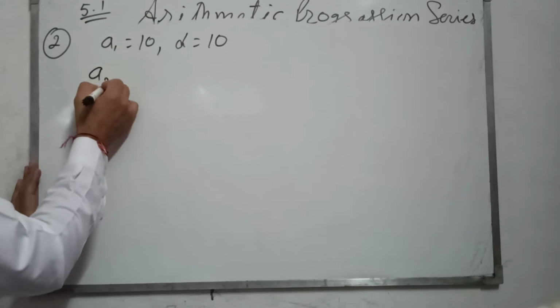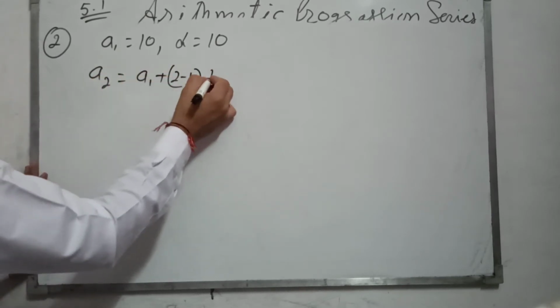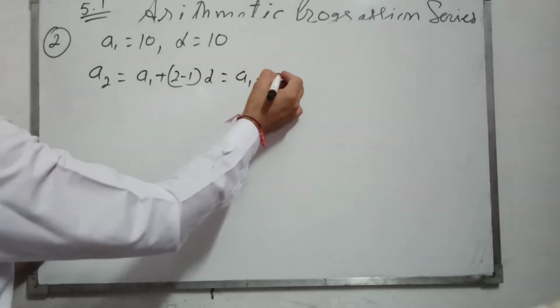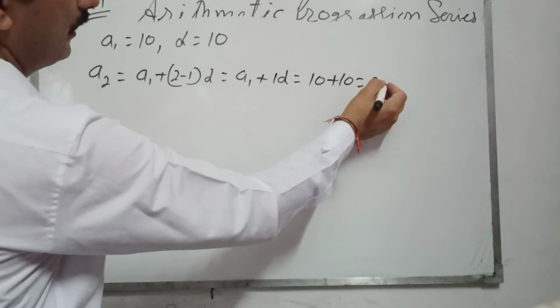We have to find the AP. So A2 is written as A1 plus (2 minus 1) into D, so A1 plus 1D. That is 10 plus 10, you get 20.